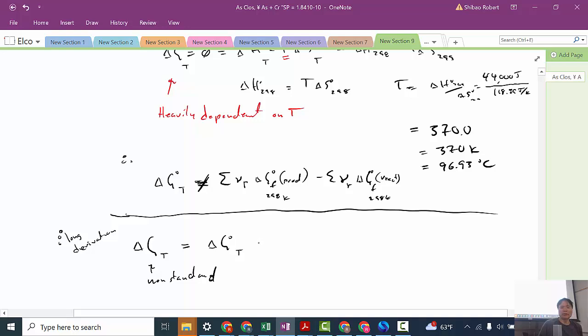The correction is RT ln of Q. This is a correction. Where Q is the reaction quotient. That is, it's the activity of the products raised to whatever power over the activity of the reactants.